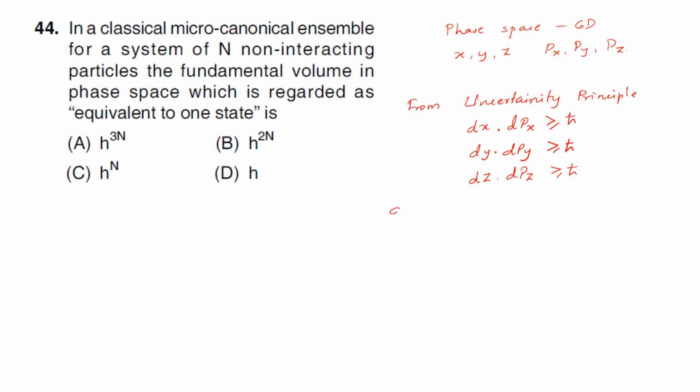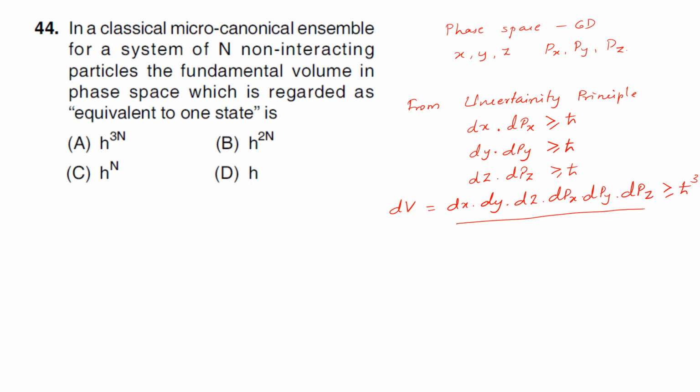Therefore, the volume element in phase space is given by dx into dy into dz into dpx into dpy into dpz, which is always greater than or equal to h cross cube.